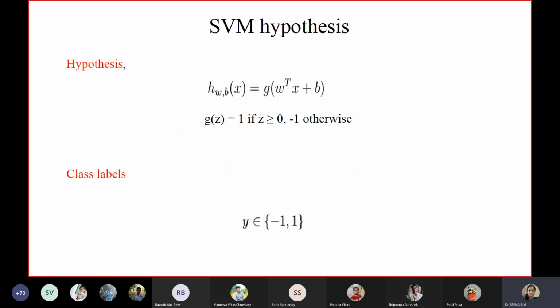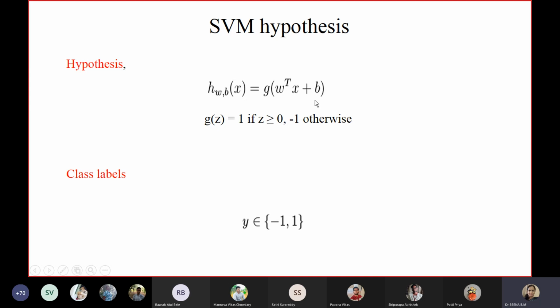So next. Now let us start the mathematical derivation. Hypothesis. What is hypothesis? Hypothesis with respect to a machine learning model is the model itself, which is nothing but our classifier, or it is basically a function.